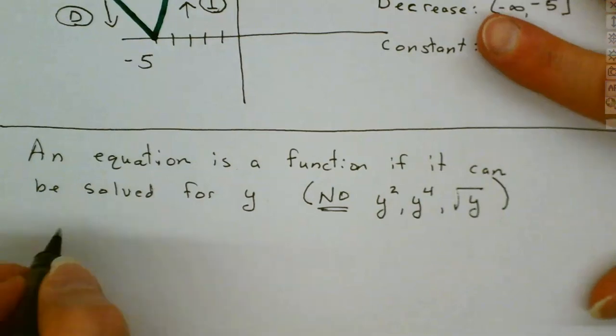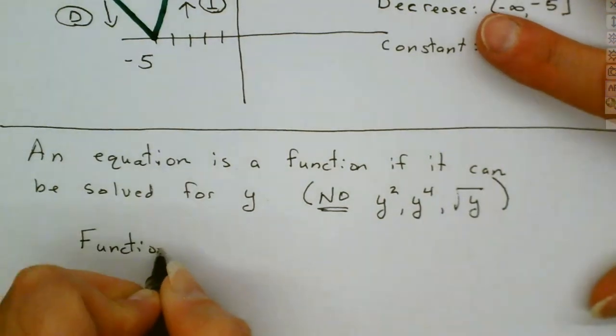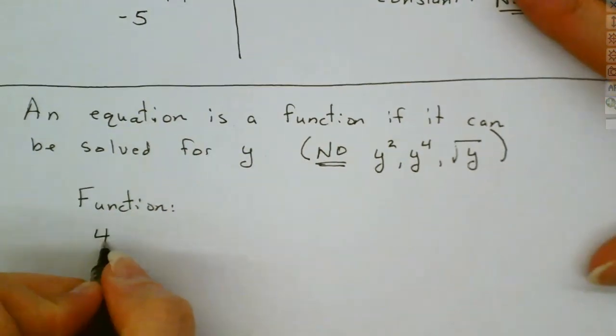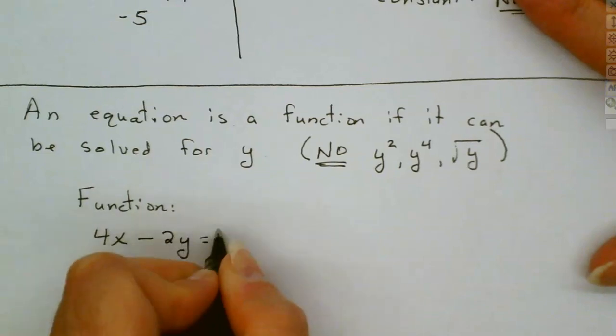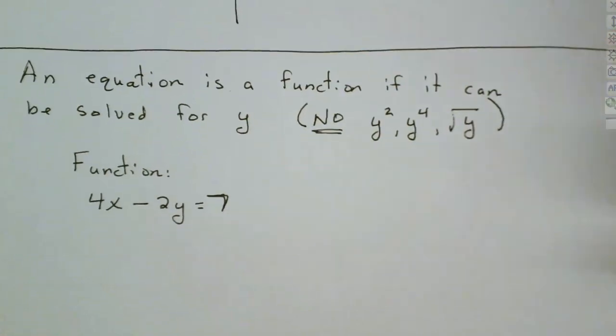So let's see if this is a function or not. How about 4x minus 2y equals 7? Do you think that's a function, yes or no? Yes. Okay. Why is it a function? Yep. You can solve it for y, can't we? Right? And we can do that.